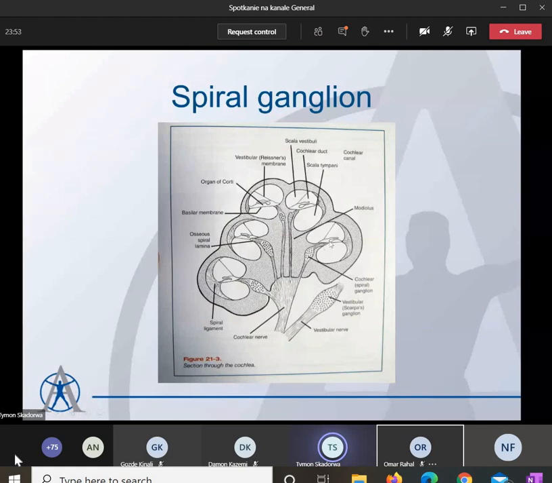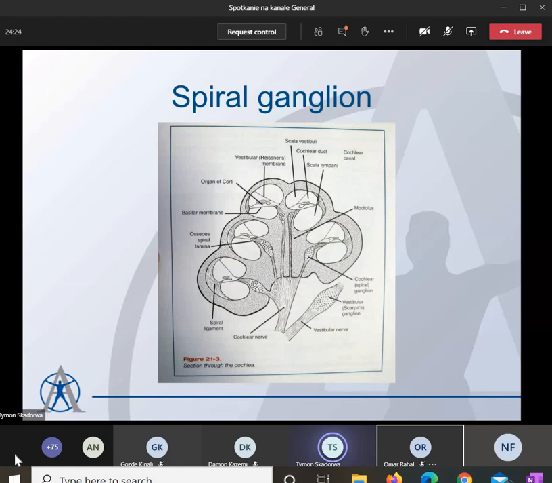So this information enters the spiral ganglion, and with the branches of the cochlear nerve, all these fibers form together what we call the cochlear nerve. And in the neighborhood, we have the vestibule and the vestibular nerve. As they are very close to each other, they unite and form the 8th cranial nerve, the vestibulocochlear nerve.